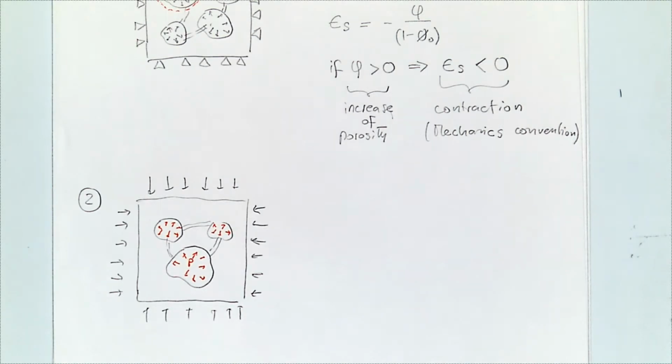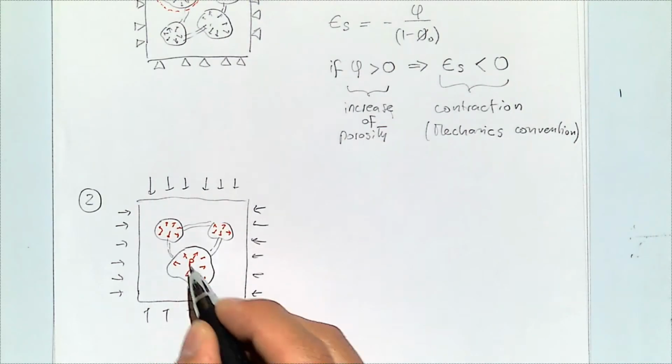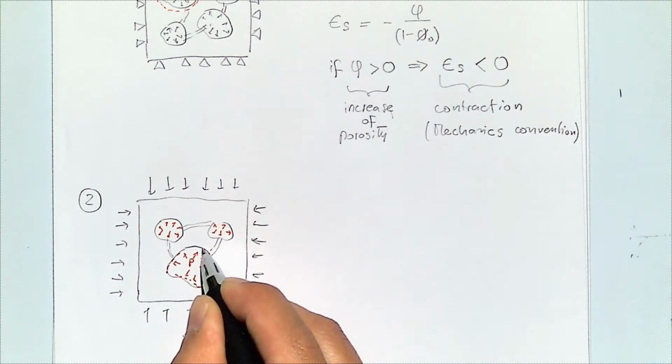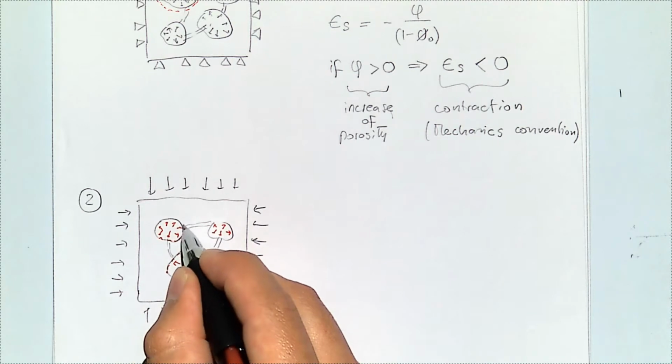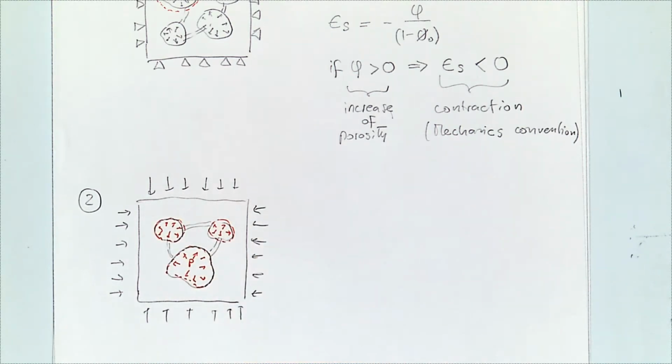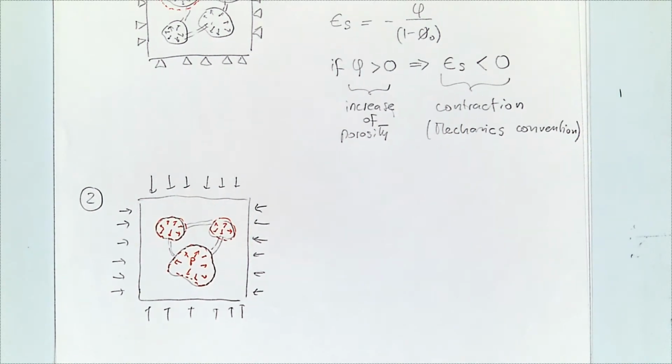They're going to get smaller, they might crash if you have enough pressure, but they're going to get smaller. So as we apply the stress, we're going to apply a pressure which is going to be large enough so that the pores do not deform. We're going to see later on that actually that pressure is going to be equal to the external stress in order to reach that condition.